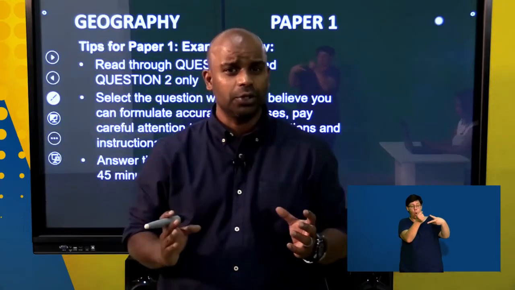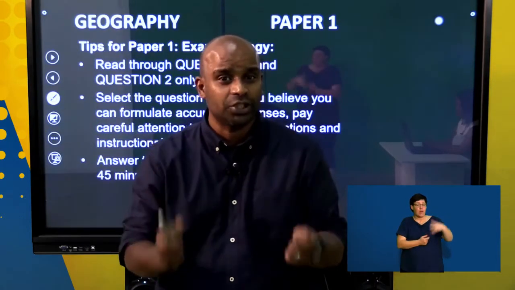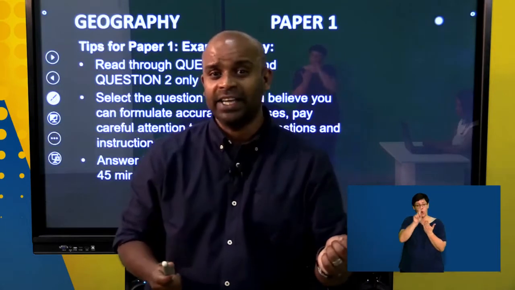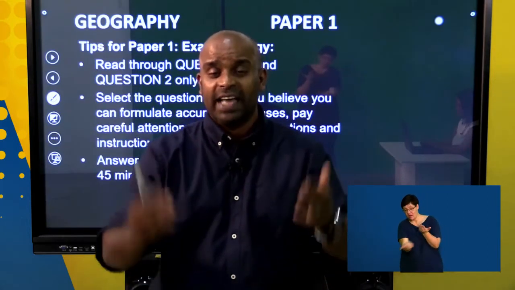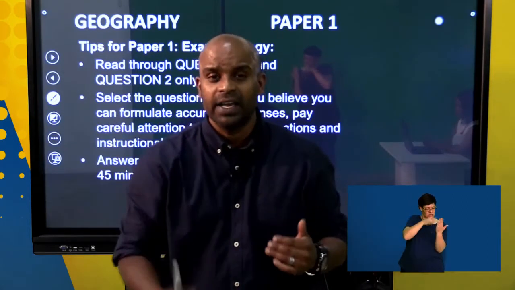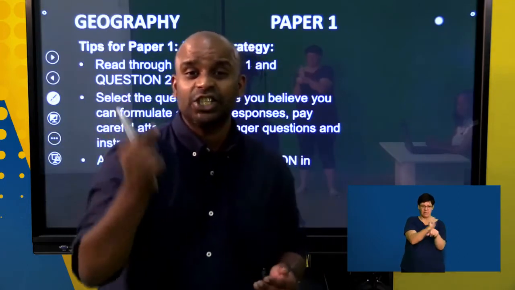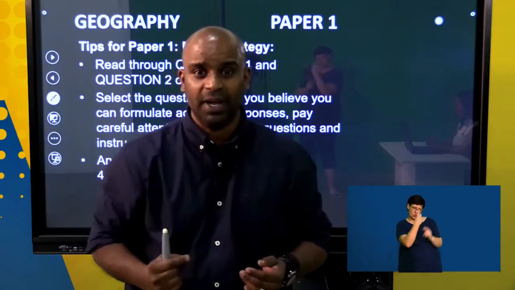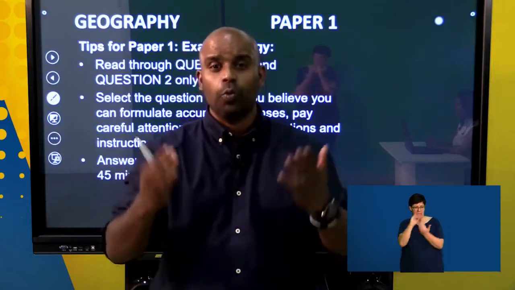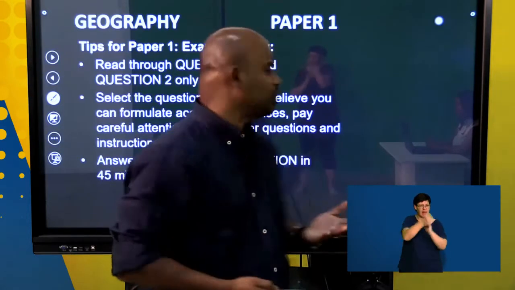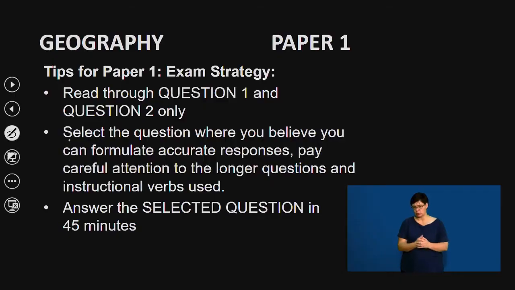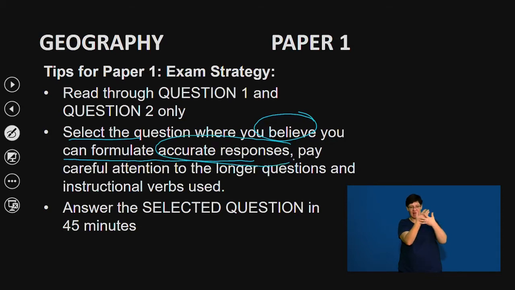Once receiving my question paper, I will have my annexure and question paper and start reading question 1. Spend 5 minutes just reading the question paper, familiarizing yourself with the content. How do we do that? By selecting the question where you believe you can formulate accurate responses.